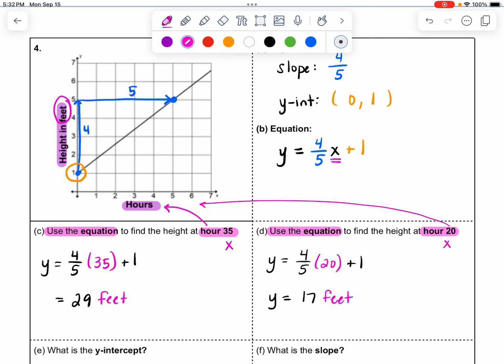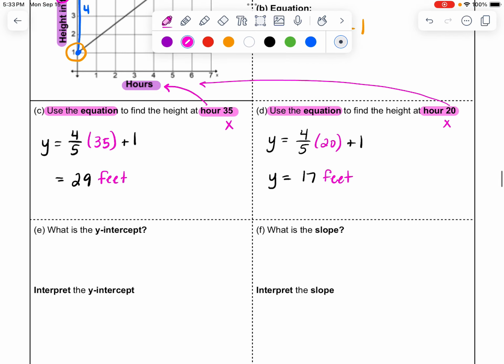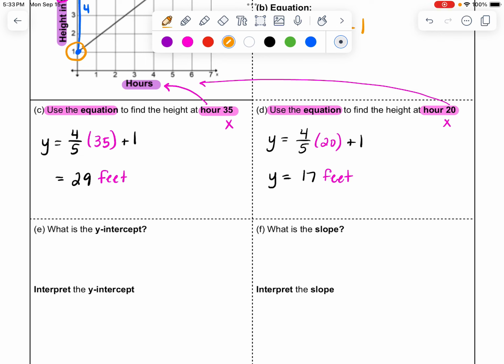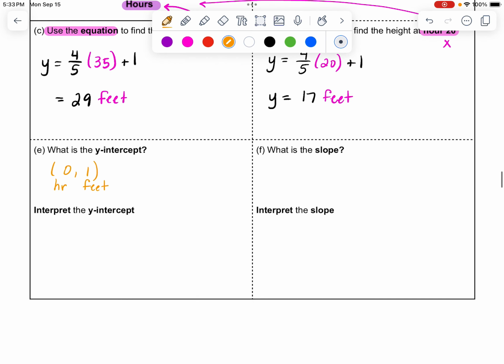As a quick review, earlier in this chapter, we learned how to interpret. In this problem, the y-intercept was 0, 1, where 0 is the hours and 1 is the feet. So to interpret that, we would say after 0 hours, the height was 1 foot.